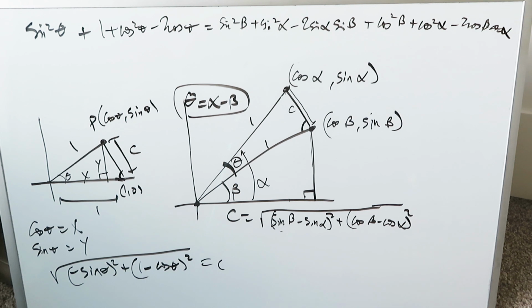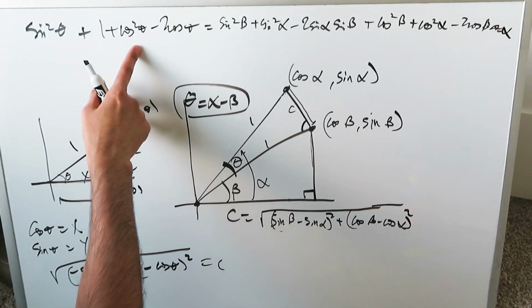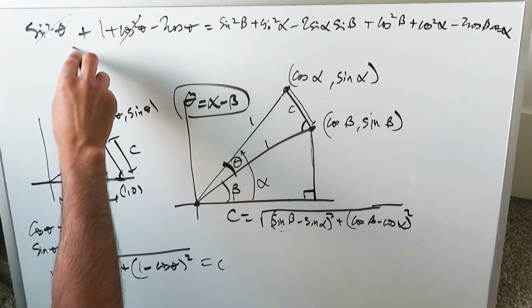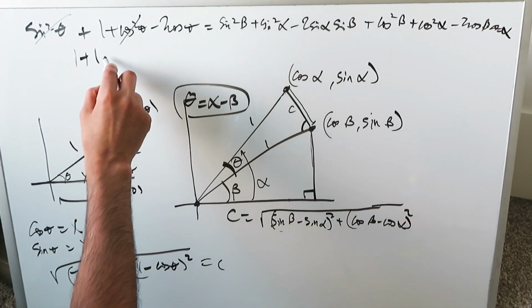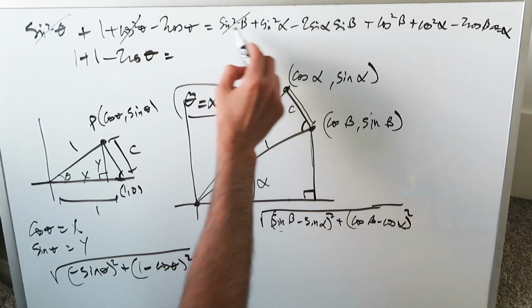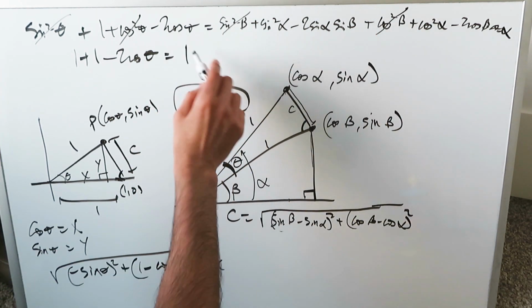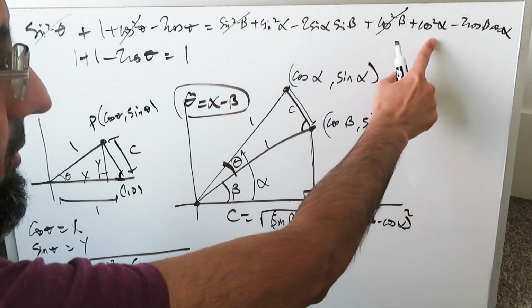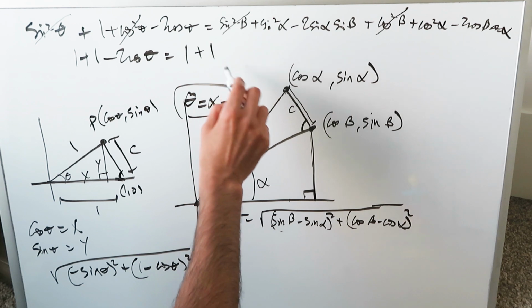Now we bring in the wonderful trigonometric identity that allows us to eliminate a lot of things. Sine square theta plus cosine square theta is equal to 1. So 1 plus 1, minus 2 cosine theta is equal to sine square beta plus cosine square beta, which is 1, because that's your basic trigonometric identity. Sine square alpha plus cosine square alpha is equal to 1, that's another one.